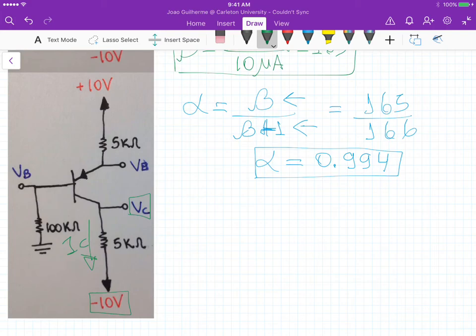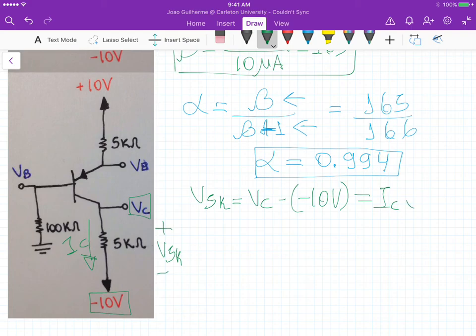This V5K is the same as VC minus minus 10 volts, and that should be equal to IC times the collector resistance, which is 5K.